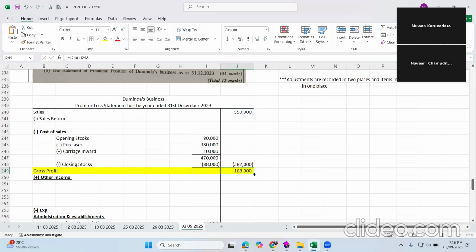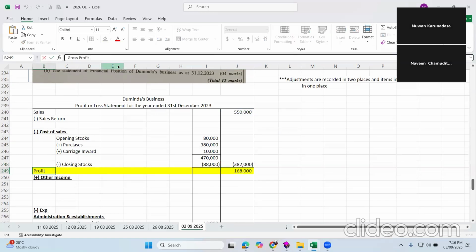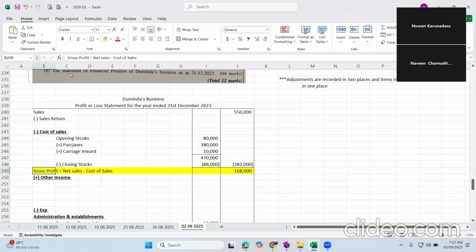See here, very easy. If the examiner asks how you calculate the gross profit, the answer should be net sales minus cost of sales.